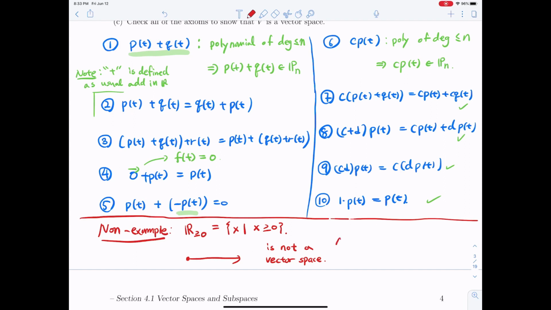Well, this is because the set does not have any additive inverses. For example, if you take 2 from the set, then the additive inverse for 2 should be negative 2. That does not belong to R sub greater than or equal to 0.